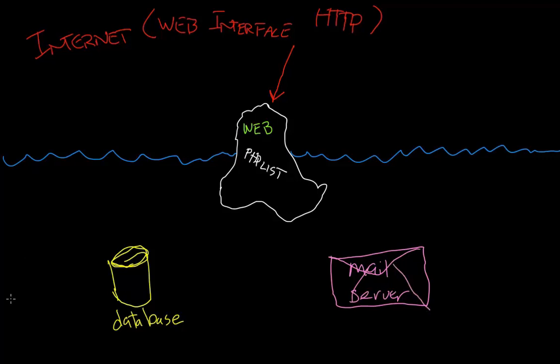And the glue that holds all this together is PHP. That's a programming language. And PHP actually runs the website. It talks to the database, and it talks to your mail server.